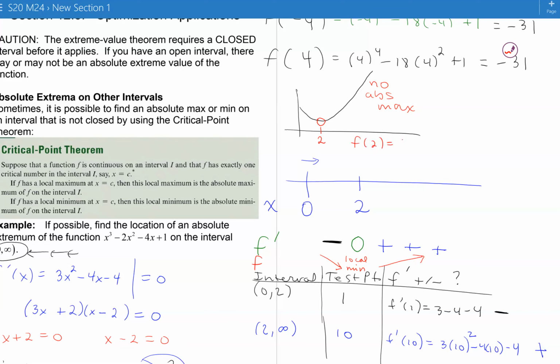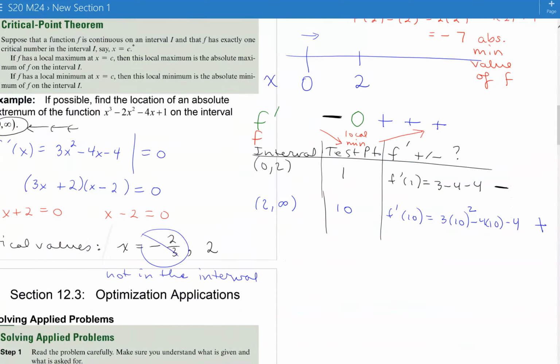So f of 2 is going to be 2 cubed minus 2 times 2 squared minus 4 times 2 plus 1. And that's -7. So that's going to be our absolute min value of f. So it has no absolute max because it keeps going up, increasing more and more and more.